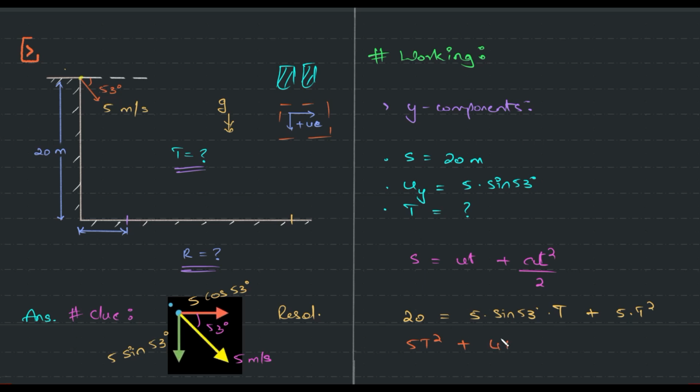So this is 4t minus 20 is equal to 0. So we need to split the middle term and all of that. So t will be, okay, I'll directly find this using the graph. So we get 1.64 seconds as one of the answers, and another one is a negative answer.